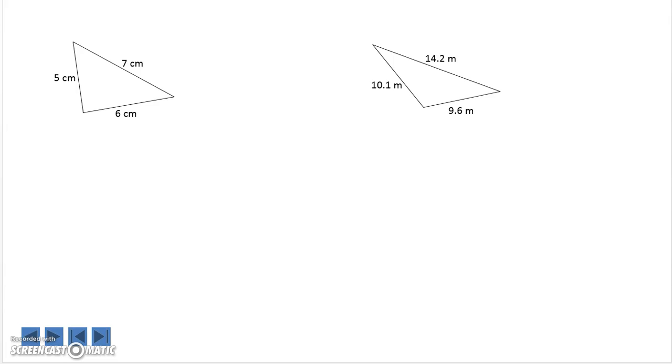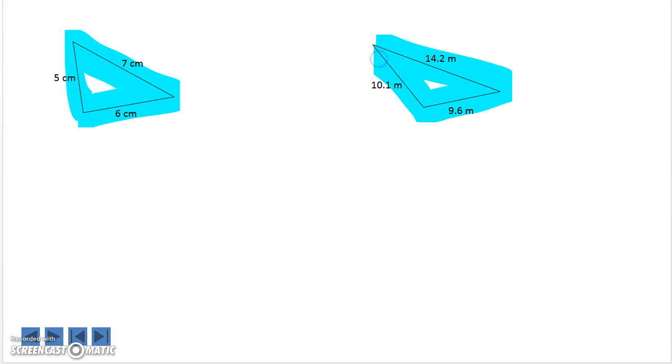In our last two examples, we're going to look at Heron's formula. So you can see in these examples, we just have three sides, but no angles at all. So we must use Heron's formula to work these ones out. So the first thing that we need to do with Heron's formula is work out that half, or that semi-perimeter.